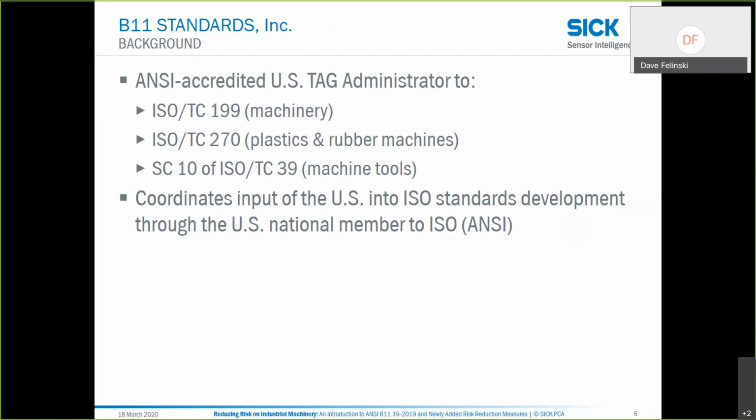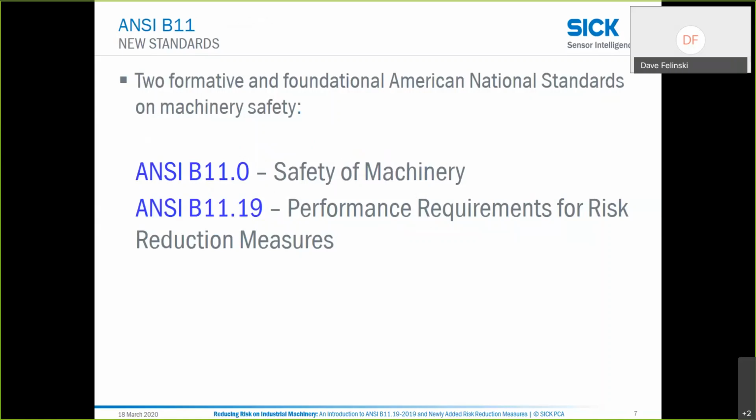Now I'm going to talk just very briefly about two of our main, foundational standards. That would be ANSI B11.0, which is a Type A standard dealing with the safety of machinery. Since I already mentioned ISO 12100, this standard is quite comparable to ISO 12100. However, it is about 25 years more current, even though the 12100 standard is a 2010 date.